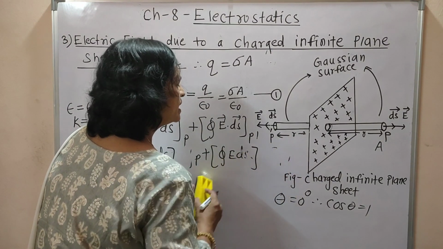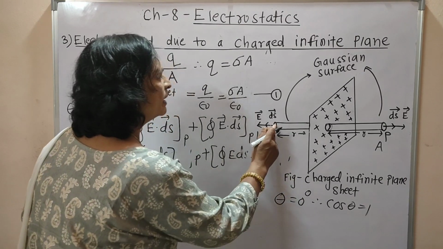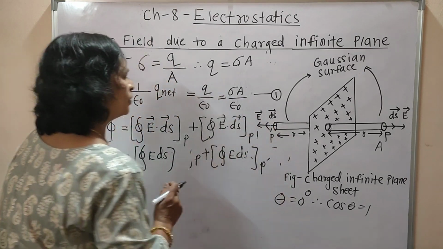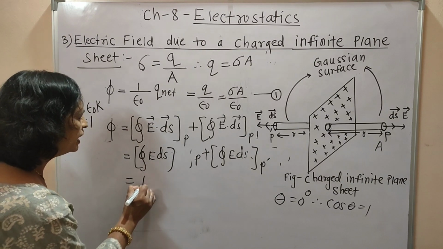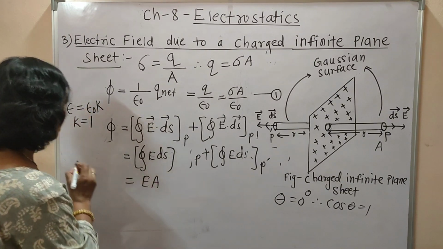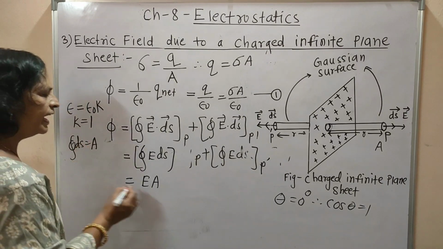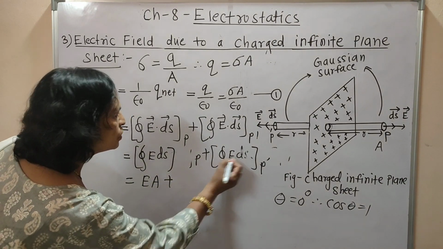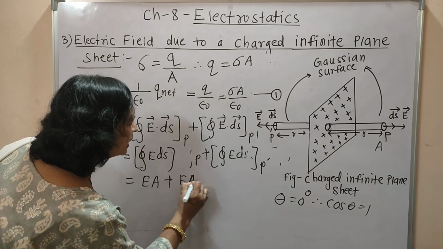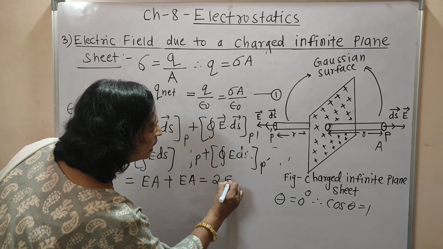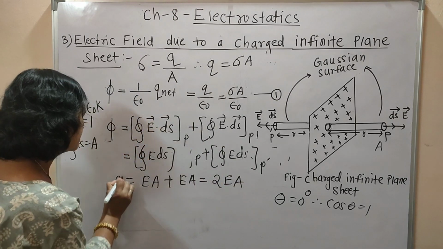Now this ds area is nothing but A, the area of cross section, and therefore the surface integral gives E into A, plus here also E into A, that is 2 EA. This is the flux, equation 2.